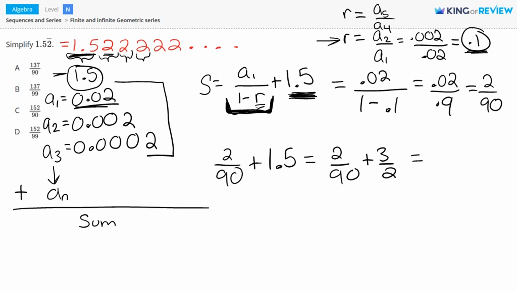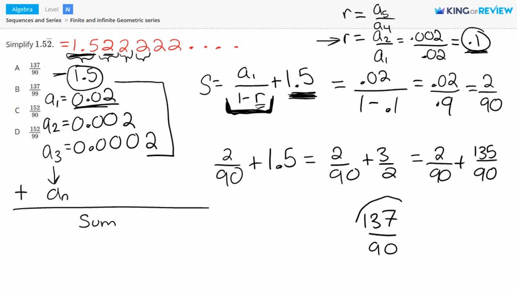So in this case, the LCD is 90. So we have 2 over 90 plus 135 over 90. And this gives us 137 over 90. So this is a way to simplify this repeating decimal here.